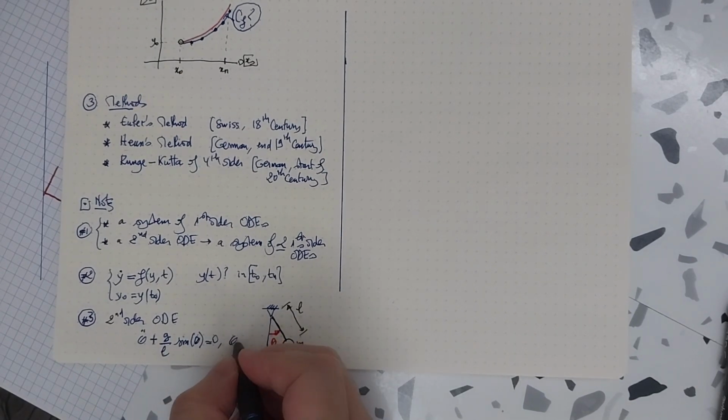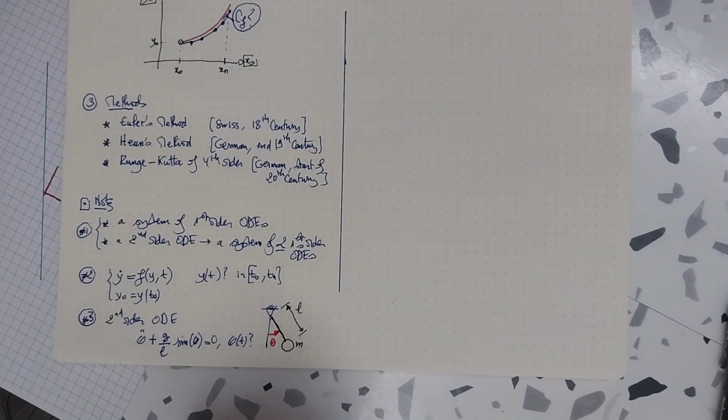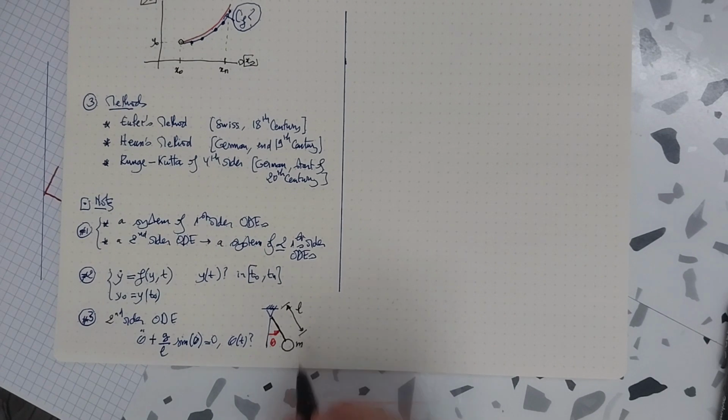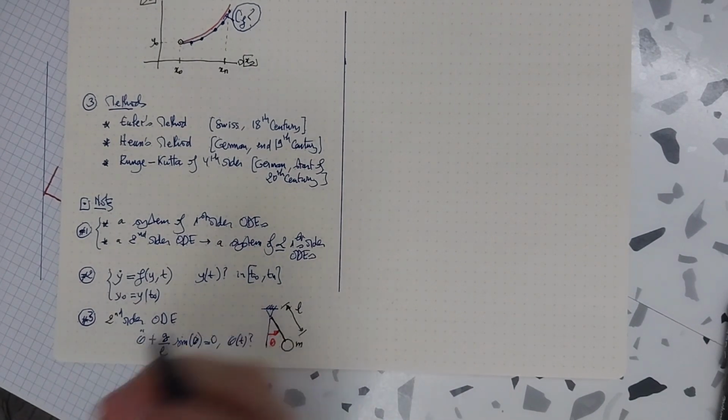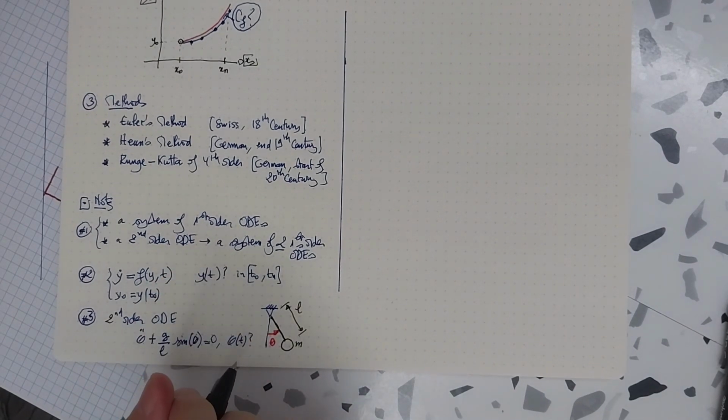Find theta with respect to time. Now you see there is no m. The mass m is not expressed in the ODE. Whatever you change the mass, you will find the same motion. It depends only on L. Okay. This is a concrete example of a second order ODE that we will solve in this chapter.